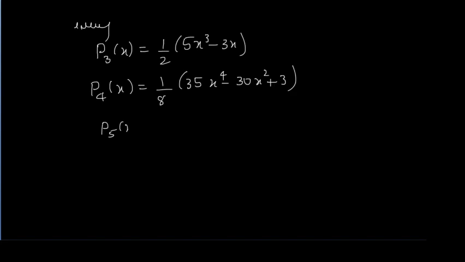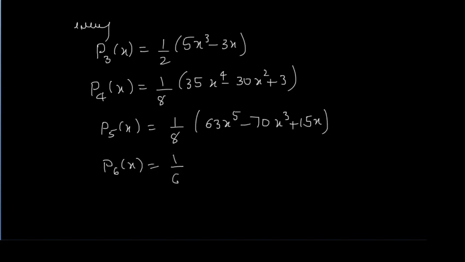Next P5 of x is equal to 1 by 8 into bracket 63 x raised to 5 minus 70 x cube plus 15x. Next, n is equal to 6. P6 of x is equal to 1 by 16 into bracket 231 x to the power 6 minus 315 x to the power 4 plus 105 x square minus 5, etc.